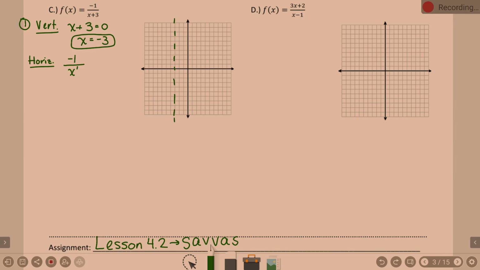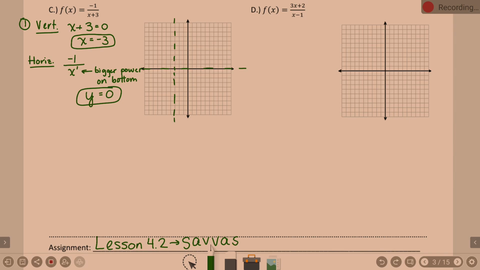They don't match this time, do they? Bigger power's on bottom. When the bigger power's on bottom, the rule is y equals 0 every time. So in this case, I had x to the first on bottom and no x on top. So it's y equals 0. When I draw that in, horizontal asymptote y equals 0 is the same as the x-axis.